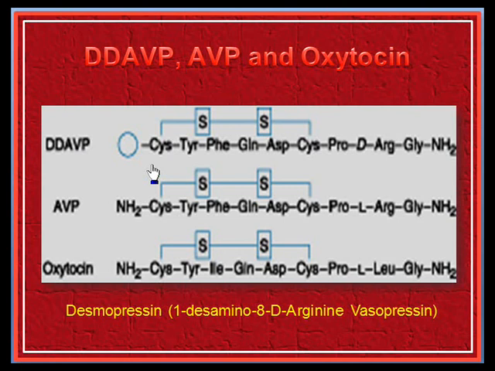That is why it is called 1-des-amino 8-D-arginine vasopressin, or DDAVP. Otherwise, structurally it is the same as the naturally occurring vasopressin. The duration of action of DDAVP is much longer compared to the naturally occurring AVP.